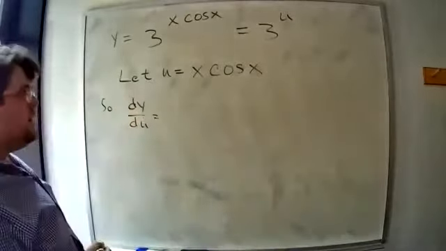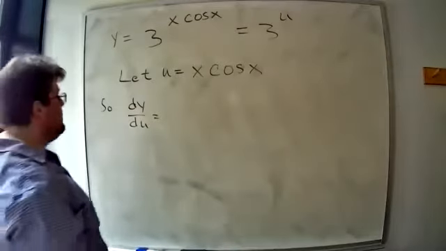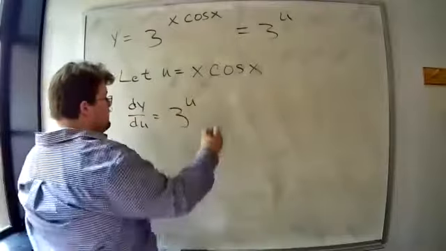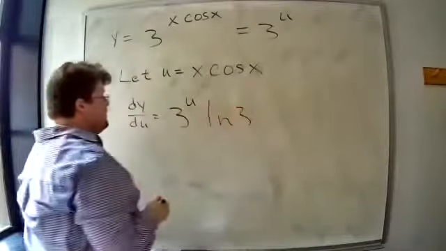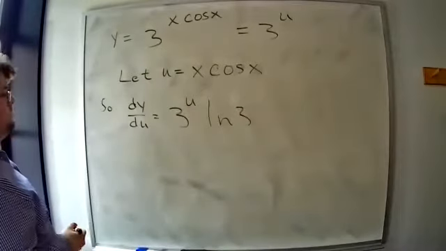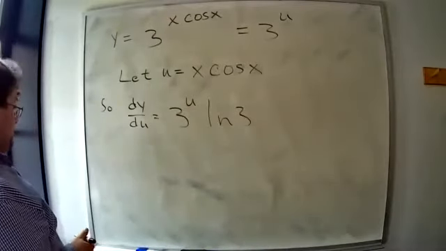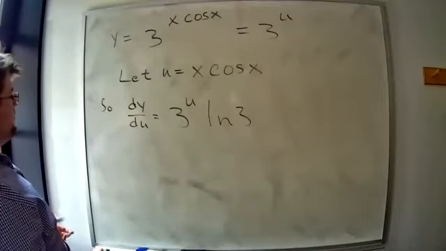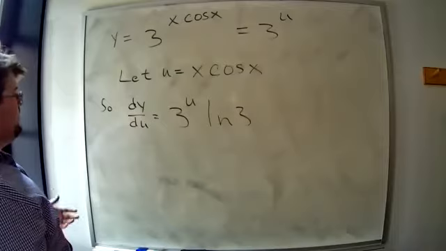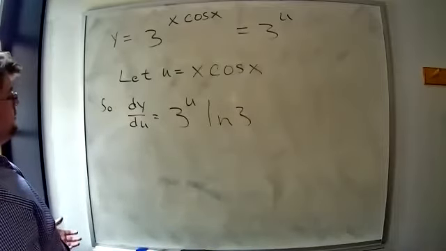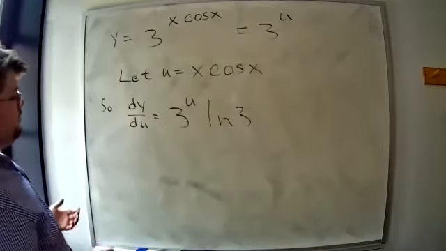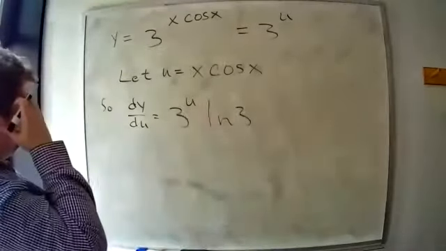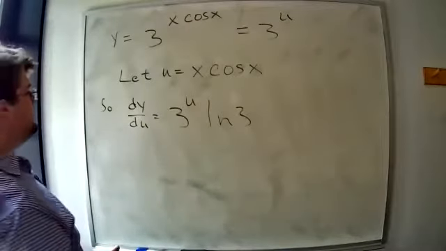Well, we have a rule for general exponentials. Derivative of a general exponential is itself times the natural log of the base, which is 3. So we have exponential and logarithm rules, natural exponential and natural logarithm rules. The only difference between them and their general rules are an extra constant. So we have dy du is given by that.